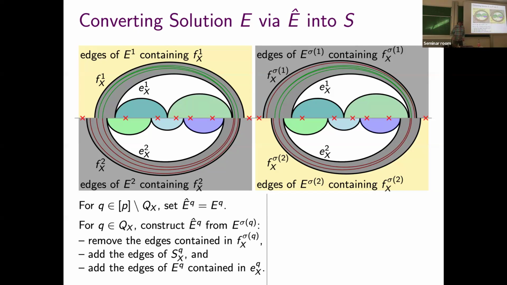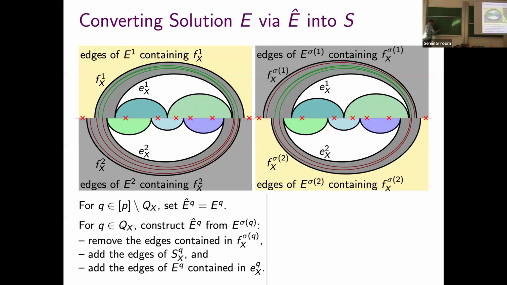So once more, we have an outer edge, F something. We throw away everything, and we replace it by our solution. That's the SX part between FX and EX on this page Q. Everything happens on page Q. So we take the old part that we have not touched.